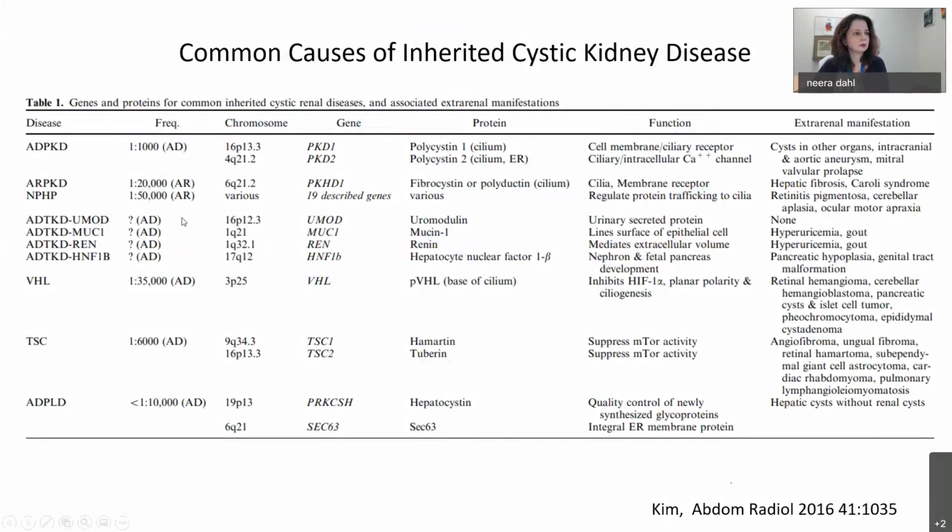I'll also talk a little bit about the diseases that cause autosomal dominant tubulointerstitial kidney disease, which can sometimes present with cysts and could be confused with PKD. And then finally ADPLD, which is probably about 1 in 1,000 in frequency as well, which can cause both kidney and liver cysts and can often be confused with ADPKD.